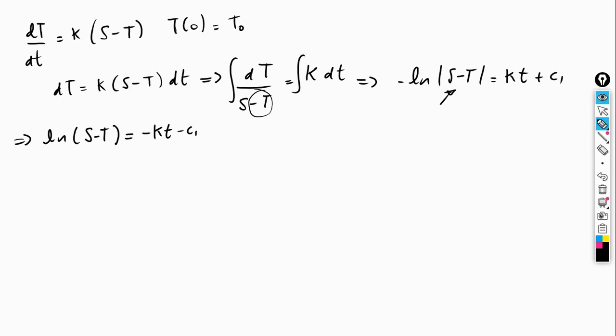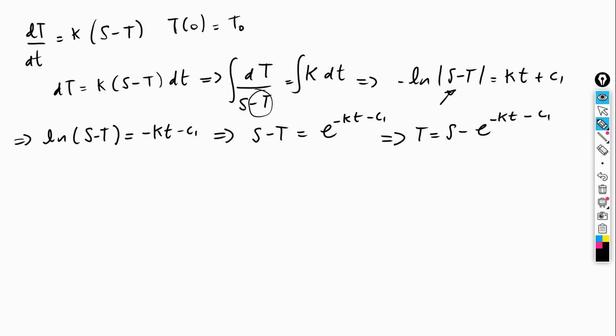And then applying the properties of exponents and logarithms, we're going to get that S minus T is equal to e to the minus kt minus the arbitrary constant. But notice that we can rearrange this as T is equal to S minus e to the power of minus kt minus the arbitrary constant.